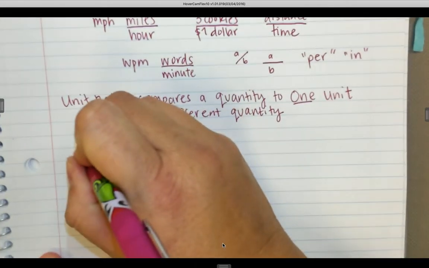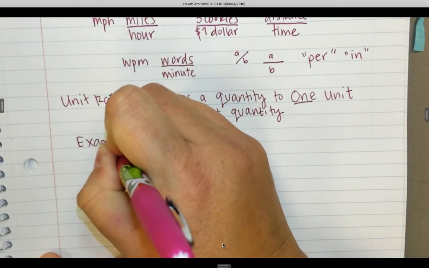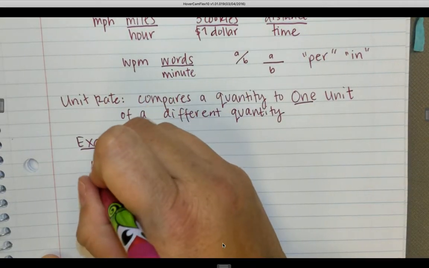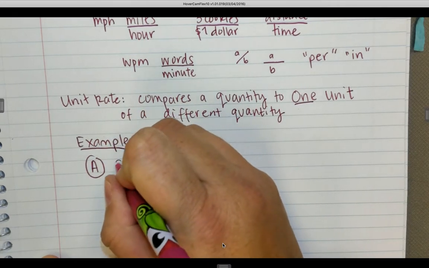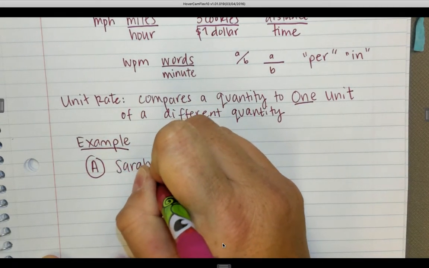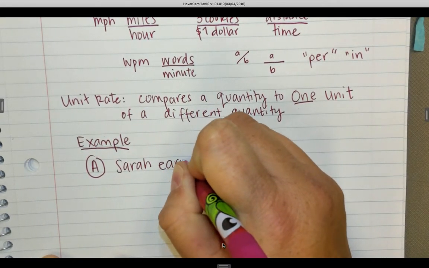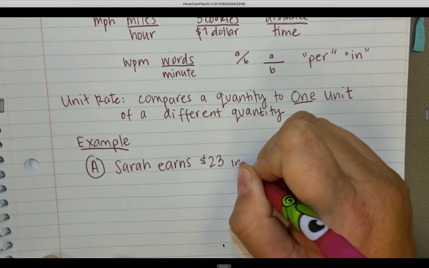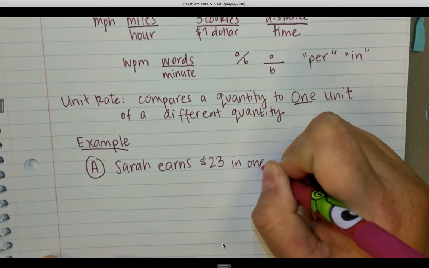So let's do some example problems. Example A. Sarah earns $23 in 1 hour.